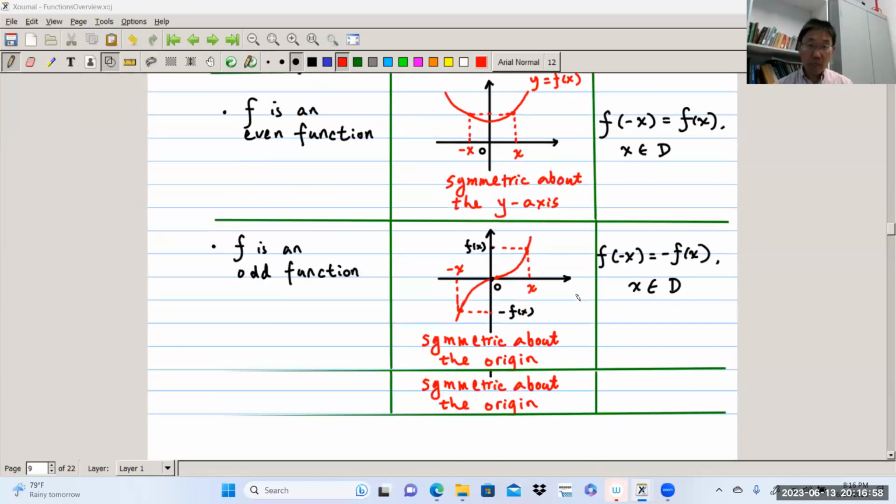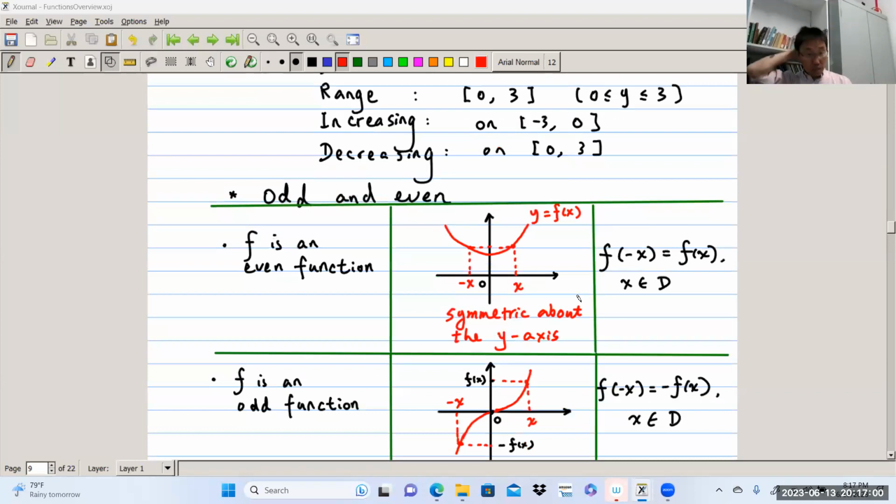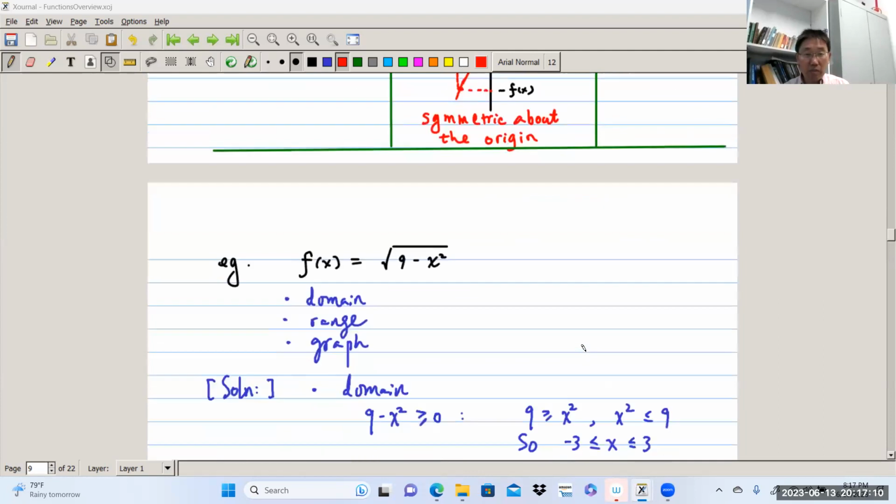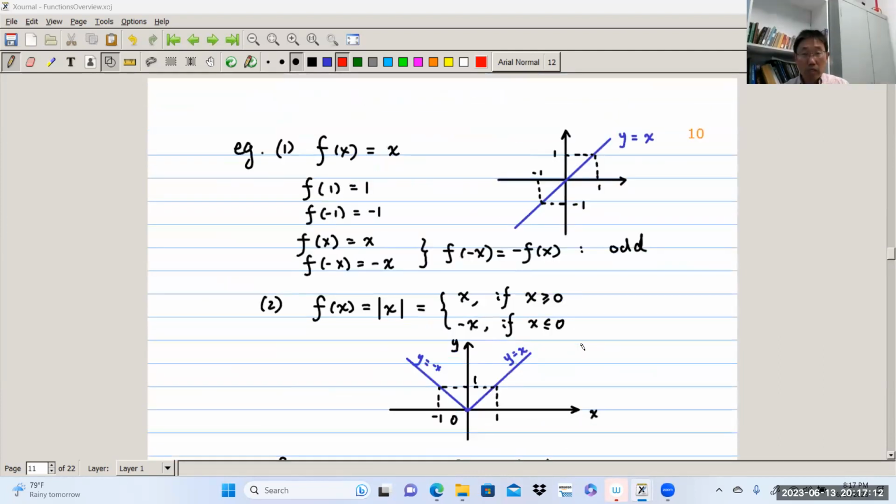Okay. Now, lastly, I want to introduce odd and even properties of some functions. Let me start with examples. Let's consider this very simple function f of x equals x, and we know the graph is just a straight line through the origin with slope 1.